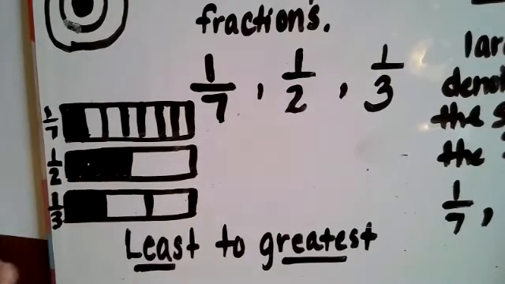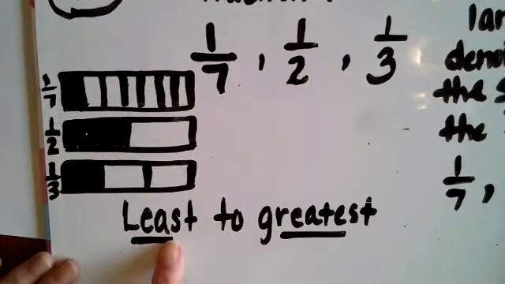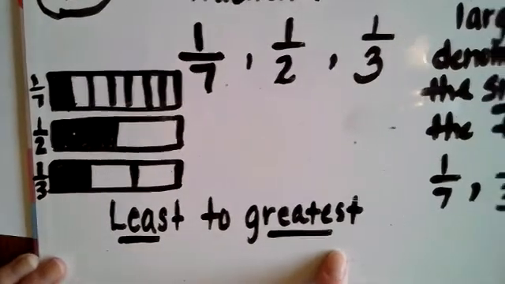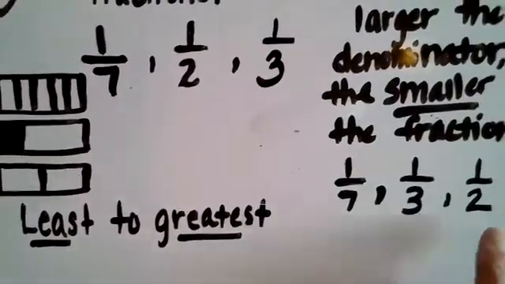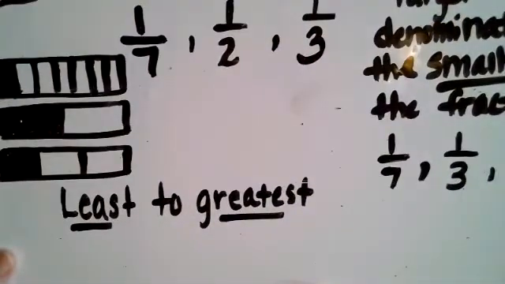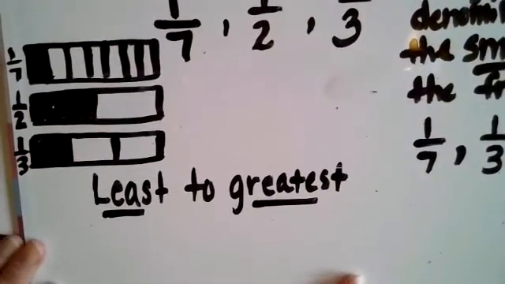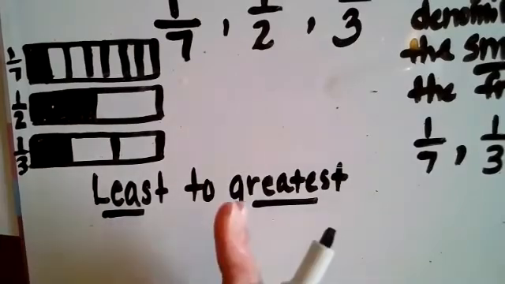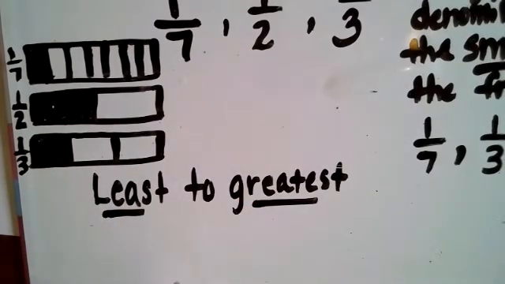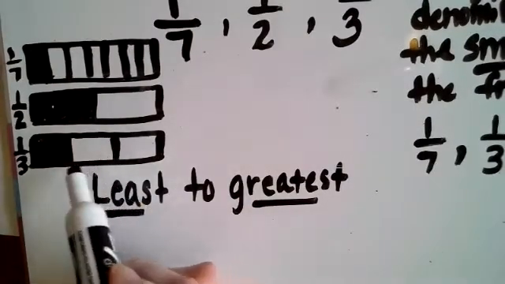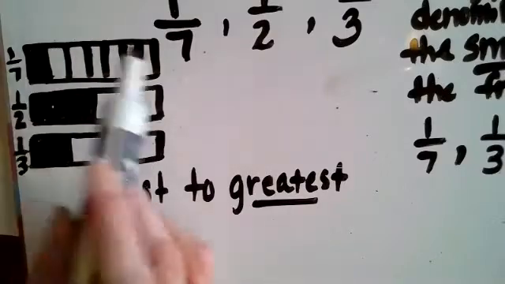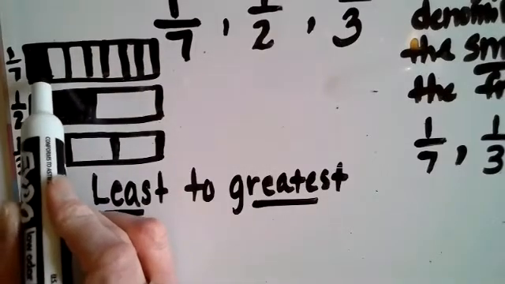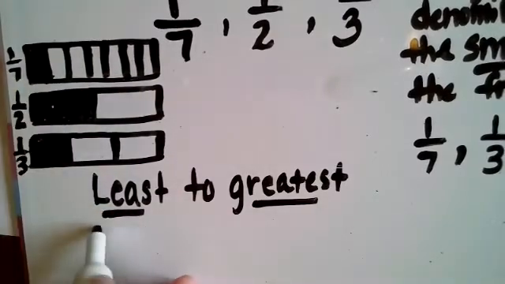Using my visual model now, I'm going to write these fractions from least to greatest, and then I'll compare with what I predicted based on our rule. Least means smallest. If you ate the least, you ate the smallest amount. My smallest amount eaten was by Mrs. Ziegler, 1/7.